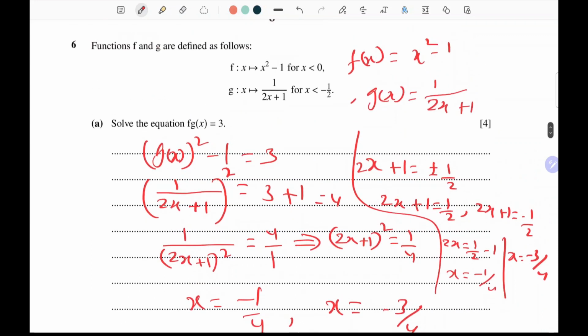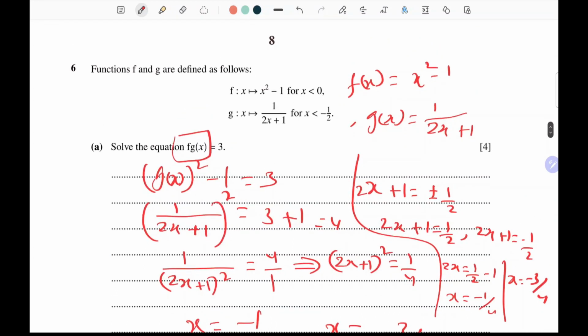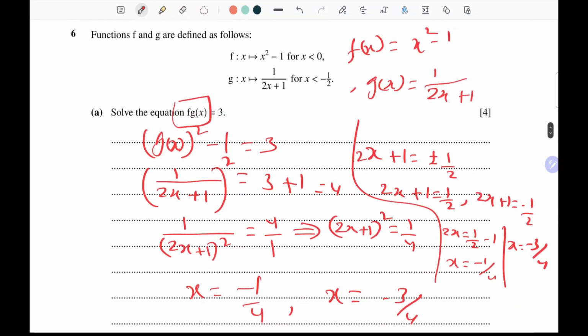But we have to check, because we are using f and g, right? So students, what is happening over here? Can we check the common domain? That is 0, and that is −1/2. That says x < 0, fine. That says x < −1/2, that's fine.